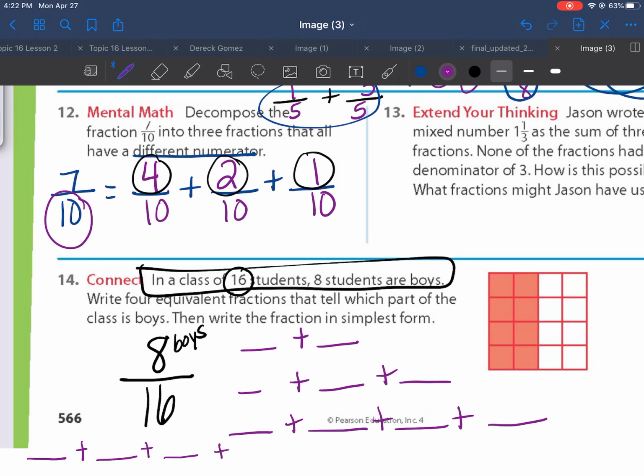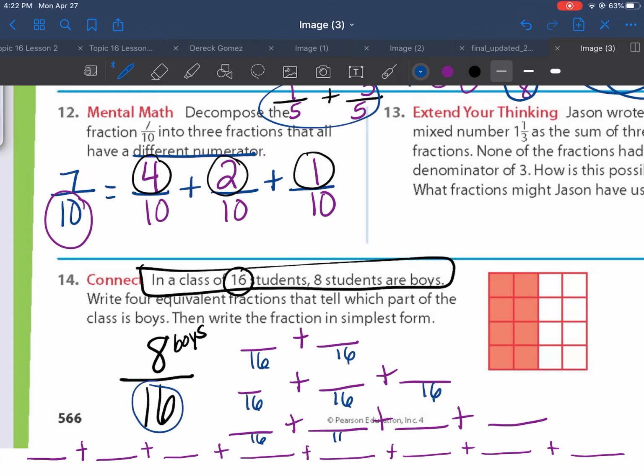And the other one's not going to fit, so I'll do it over here on the side. 1, 2, 3, 4, 5, 6, 7, 8. So how can we show 8 out of 16 in 4 different ways? Denominator's always going to be the same for all of them because my total does not change.